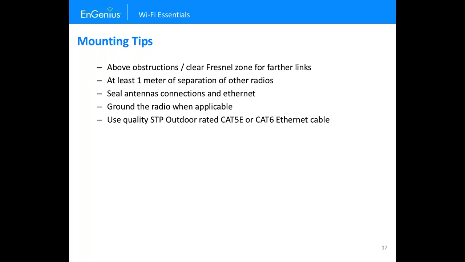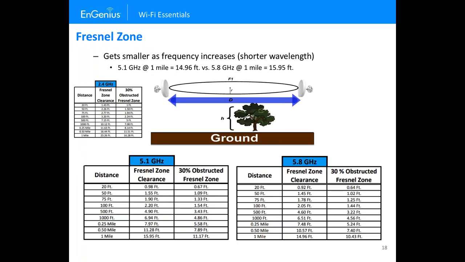For an omnidirectional antenna, adding a little silicone around the antenna port is nice to do. Ethernet, seal that up. Ground the radio when applicable. If it's one of the radios that has grounding provisioning, ground it. Use quality STP outdoor-rated Cat5 or Cat6 Ethernet cable.